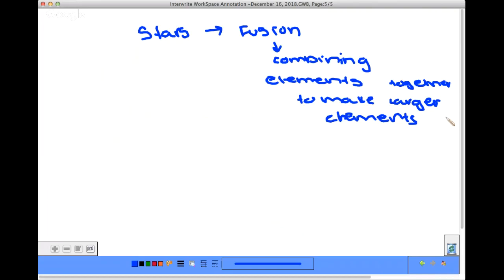So what that means is that a star undergoes fusion to release all that energy. We have a bunch of hydrogen inside stars. Two hydrogens fuse together, and when they fuse together, they create helium.